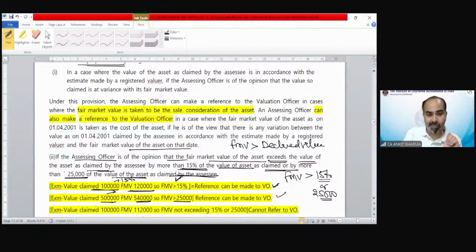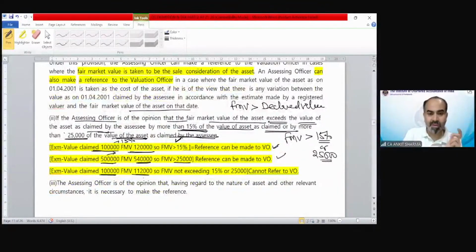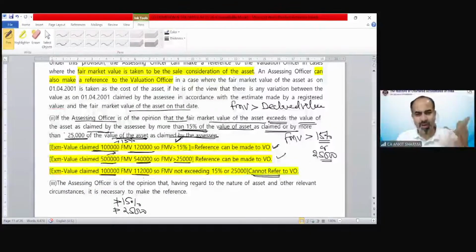In the third example, the value claimed is 1 lakh and the FMV in the opinion of the AO is 1,12,000. Now you can see it does not exceed 15%, and it does not exceed 25,000 in the opinion of the assessing officer. So in this case, reference cannot be made to the valuation officer. Theoretical provision, you can go through once.